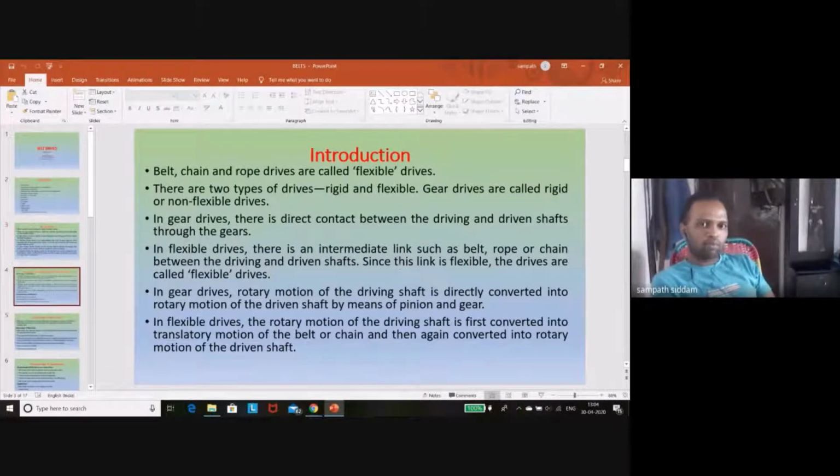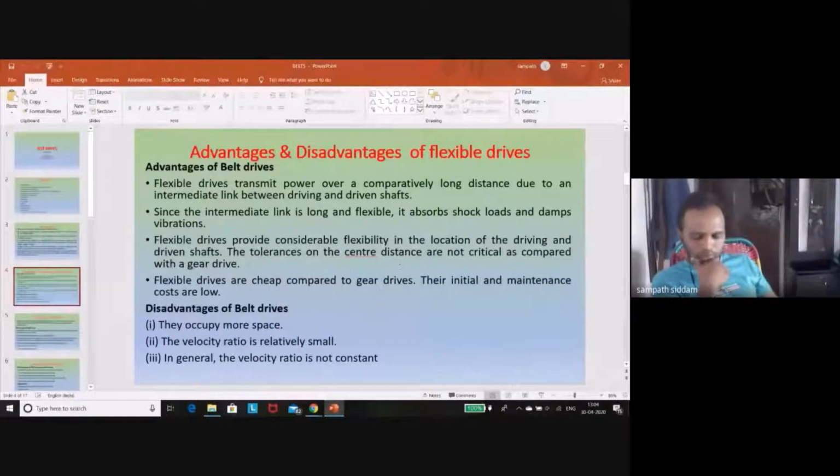Next, we move on to the advantages and disadvantages of your flexible drives. First we'll start with the advantages of your belt drives, because whatever points I am discussing and telling you now will be asked straight away in your exam. Questions such as: what are the advantages and disadvantages of flexible drives, what are the advantages of belt drives over gear drives, what are the disadvantages of belt drives over gear drives.